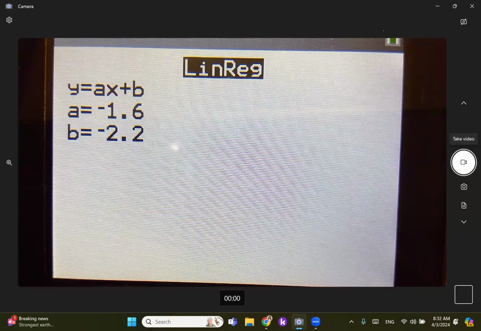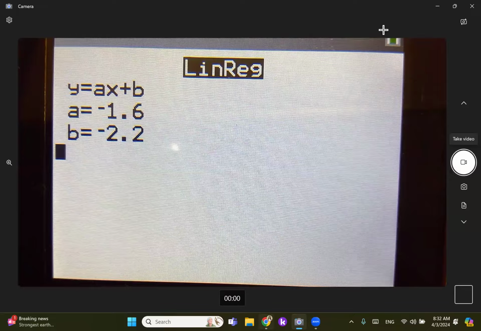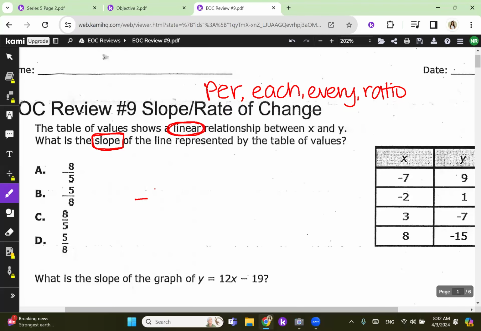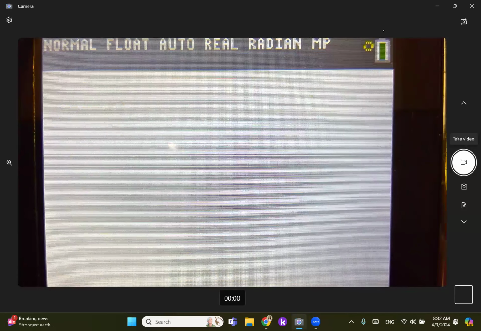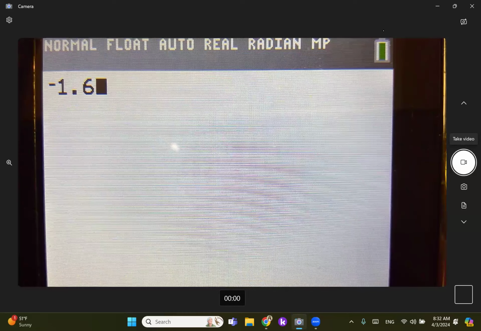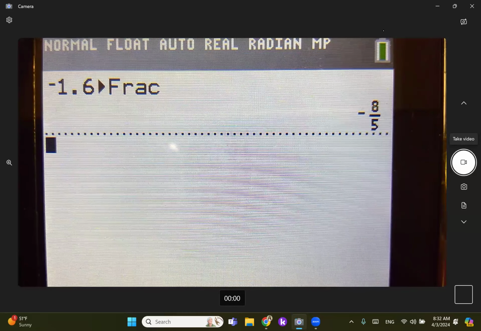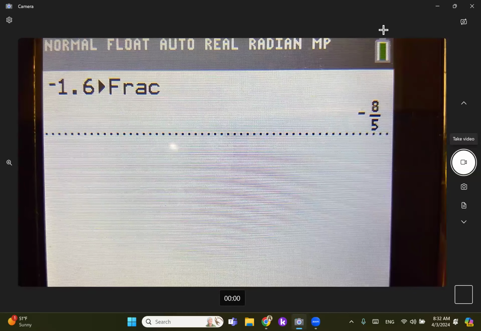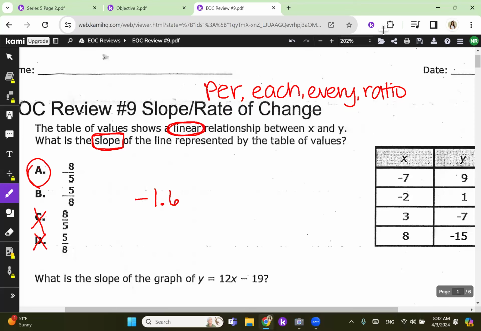A, so -1.6. Okay, so you can go ahead and at least get rid of the positives. Now, is -1.6 equal to -8/5, or is it -5/8? Let's figure this out. So -1.6, math, enter, -8/5. Your answer is A.